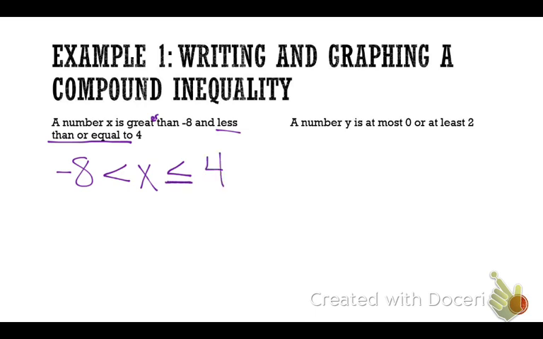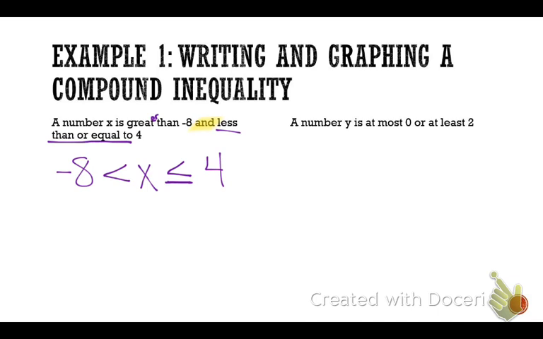Okay, so to write a compound inequality, this is an and statement where my solutions are connected together. This is an and statement, meaning that in order to be a solution to this inequality, x must be greater than -8, but it must also be less than or equal to 4.